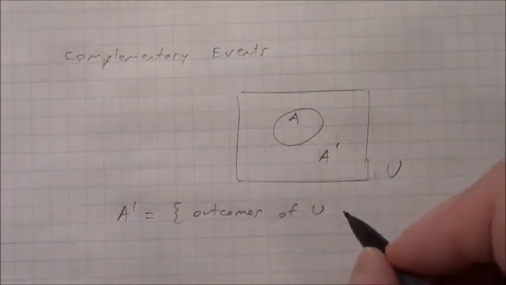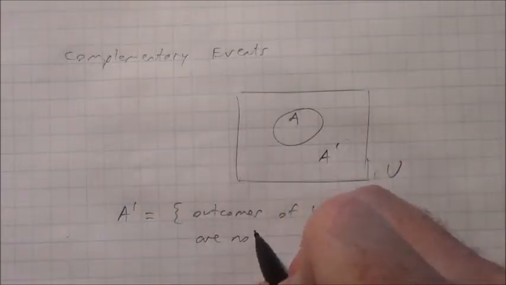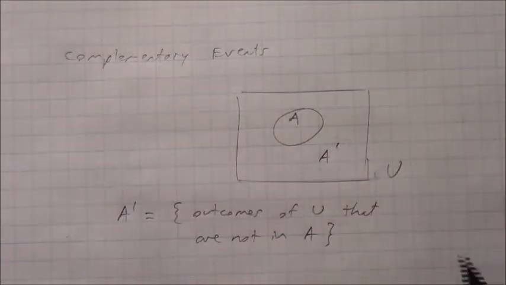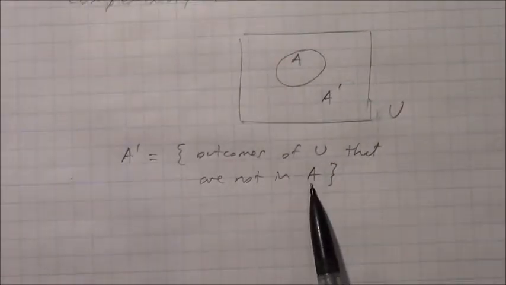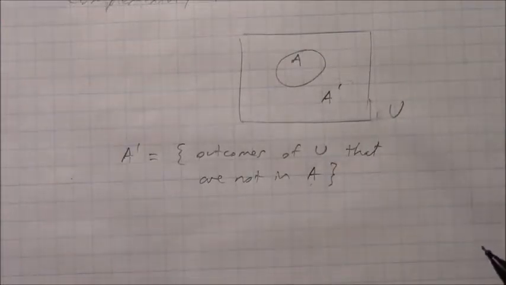A complement is equal to the outcomes of the universal set U that are not in the subset A. Okay, so if we're looking for the number of heads, for example, then A complement would be the number of tails.